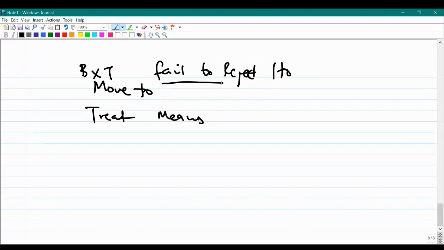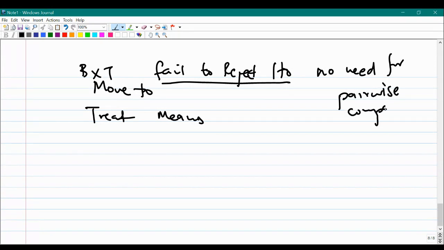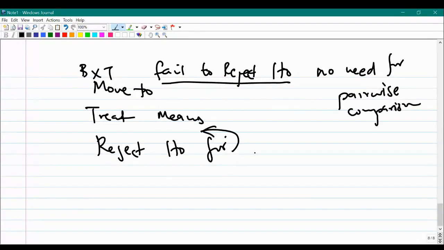Remember, if you fail to reject the null hypothesis, there is no need for pairwise comparison, isn't it? If you reject H0 for the treatment means, you can do pairwise comparison.